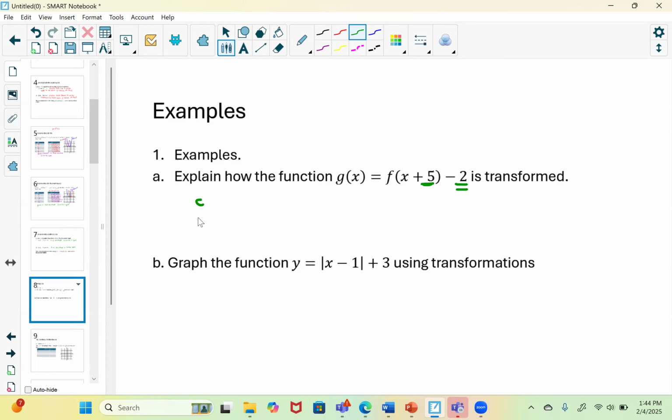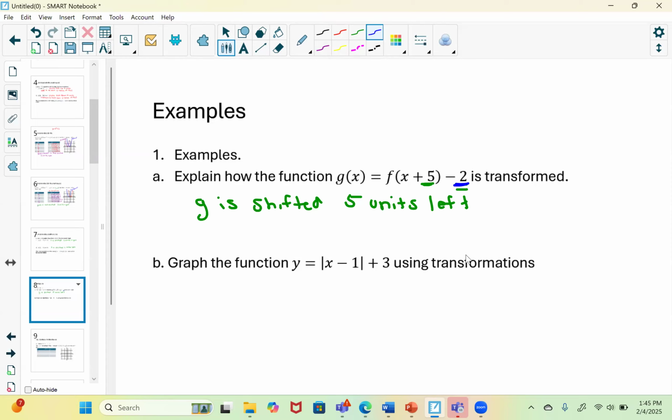So we would say g is shifted 5 units left. Okay, so inside shifts left or right, and that one's left. The minus 2 is outside of your f. So when it's outside the parentheses, that moves it up or down.